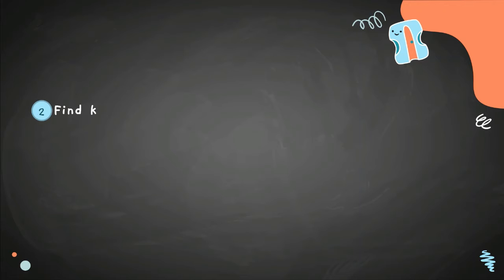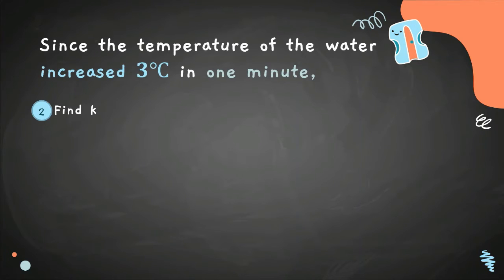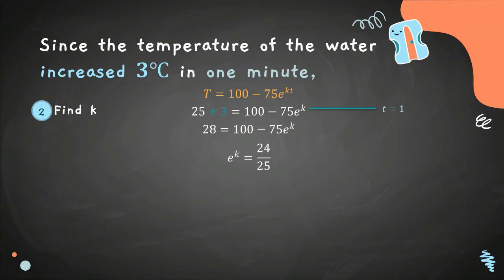Next, we will find the constant k. Since the temperature of the bar increased 3 degrees Celsius in 1 minute, first we take the equation from the previous work, where T equal to 100 minus 75 e to the power of kt, and the temperature for this time is 25 plus 3, because of the increase of 3 degrees Celsius, equal to 100 minus 75 e to the power of k, and t is equal to 1.